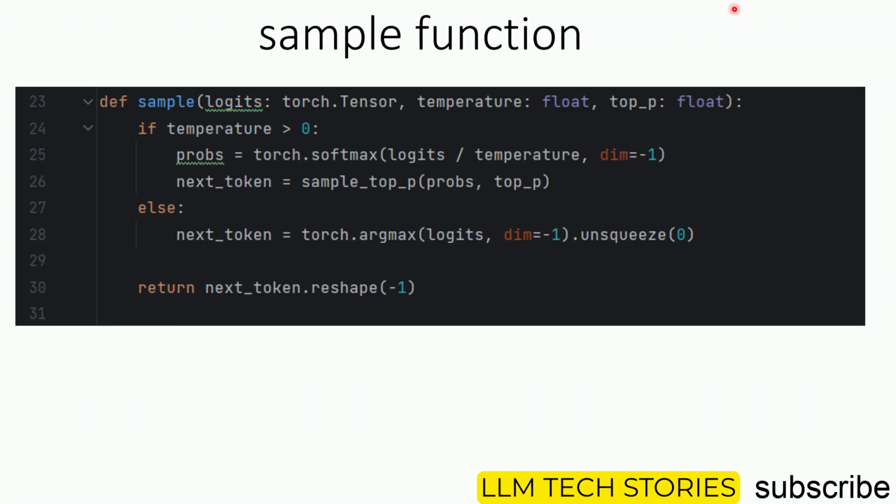What we need to know about the softmax function is that it is very important here. It is converting this logits tensor into a probability distribution. That probability distribution is very much needed for sampling the token, and it will be required in the subsequent steps in the function.